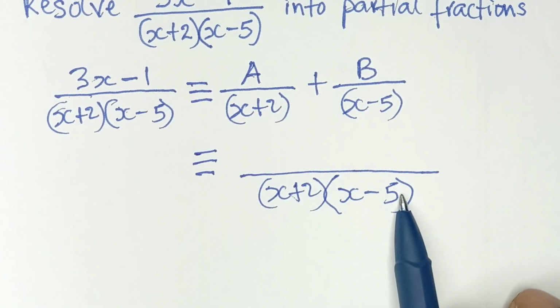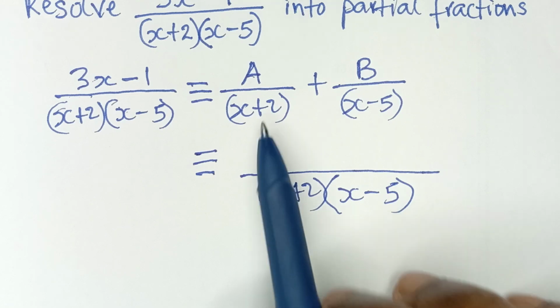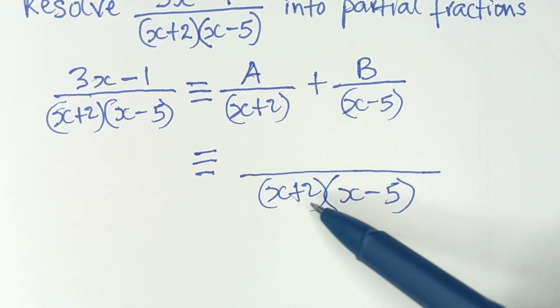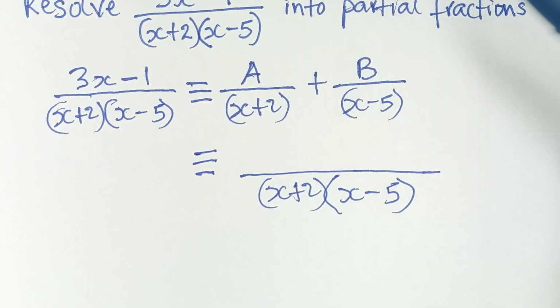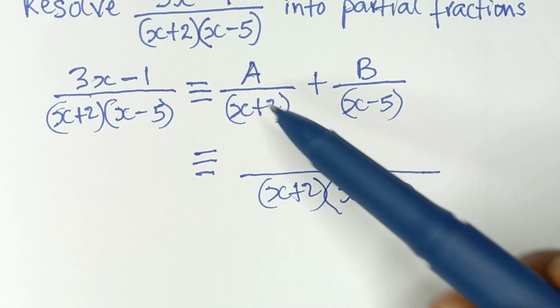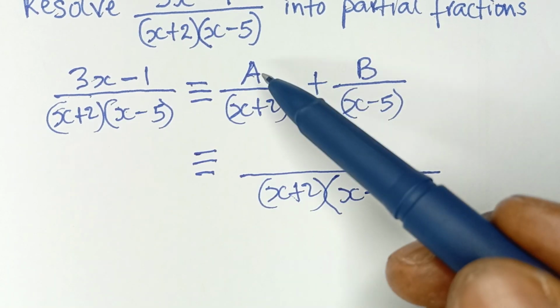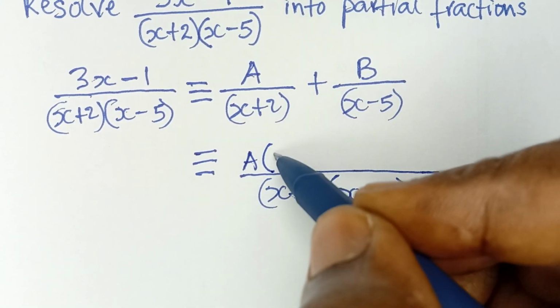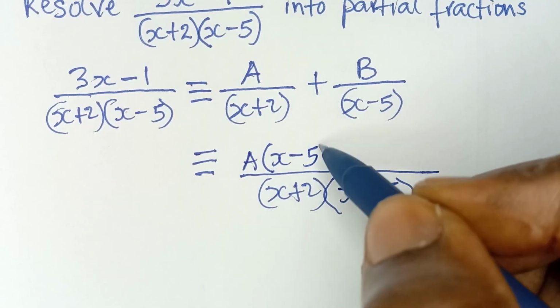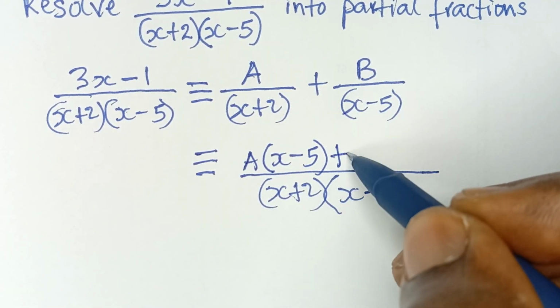This LCM divided by this first denominator, we cancel out this, so we'll be left with x minus 5. So I'm going to say x minus 5 multiplied by a, which gives a times (x minus 5). And then this is plus.